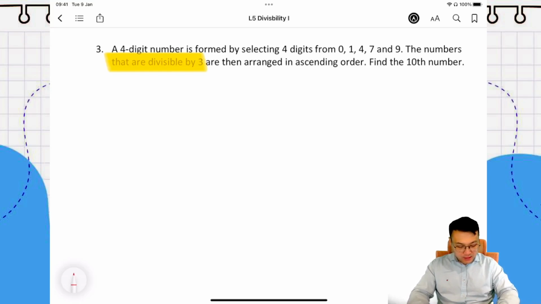So when you talk about 4-digit numbers that are divisible by 3, they already gave you these 5 digits here. Can you choose 4 digits that you know are definitely going to be divisible by 3 when you find the sum of digits?